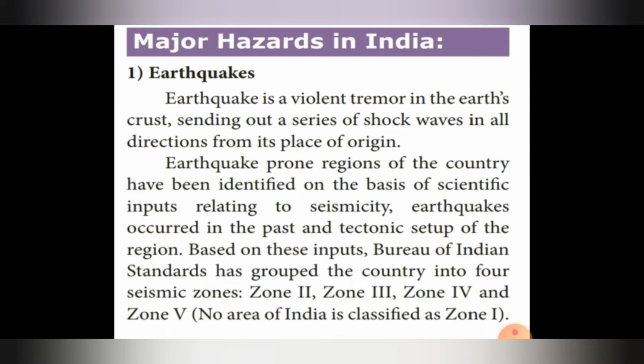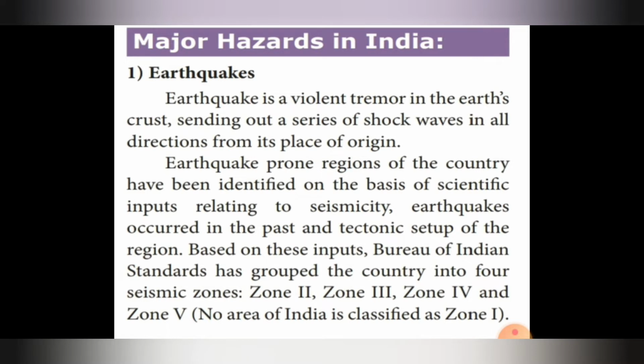Earthquake prone regions of the country have been identified on the basis of scientific inputs relating to seismicity, earthquakes that occurred in the past, and the tectonic setup of the region. So they have categorized many regions as earthquake prone regions, wherever earthquakes happen continuously, often.